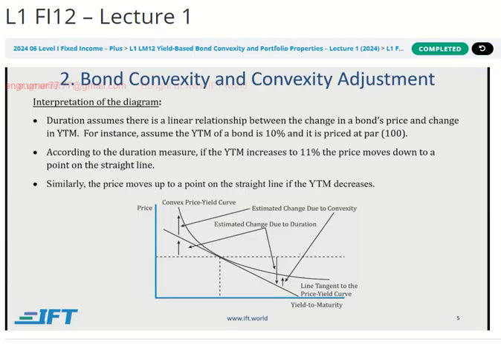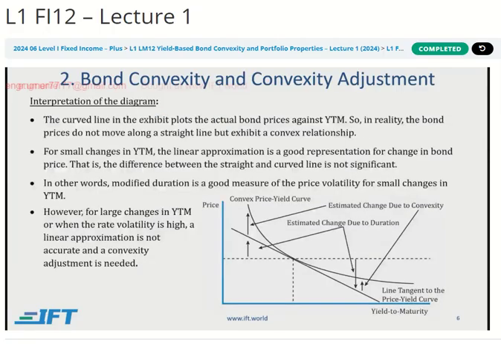So what did we talk about so far? We said, yes, there is an assumption with duration that it assumes a linear relationship. Is that true? Well, in reality, it is not true, because in reality, what we have is a convex relationship, right? And duration could be a good measure for small changes. So if your YTM is changing very little, the price that you will get from duration will not be that different from the real price.